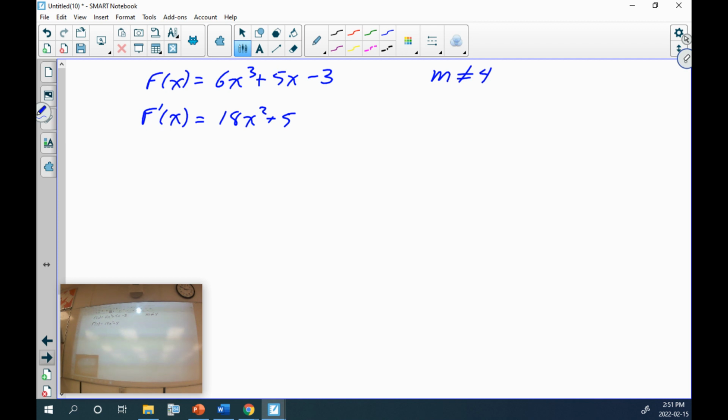So how do I know that this would never have a slope of 4? Let's set 18x squared plus 5 equal to 4. So if we were to have some point that had a slope of 4, we would have to be able to solve this equation. 18x squared is equal to -1.